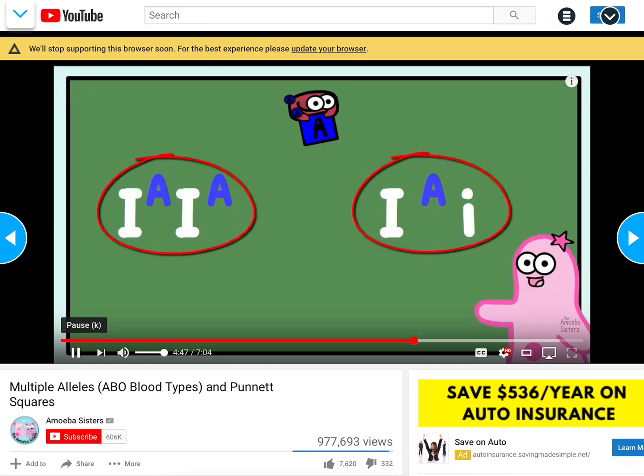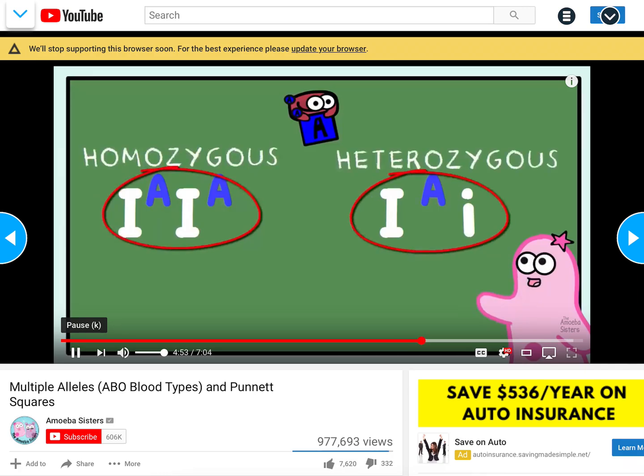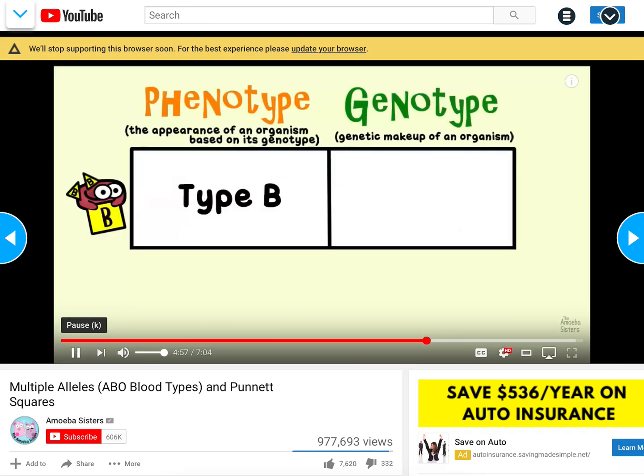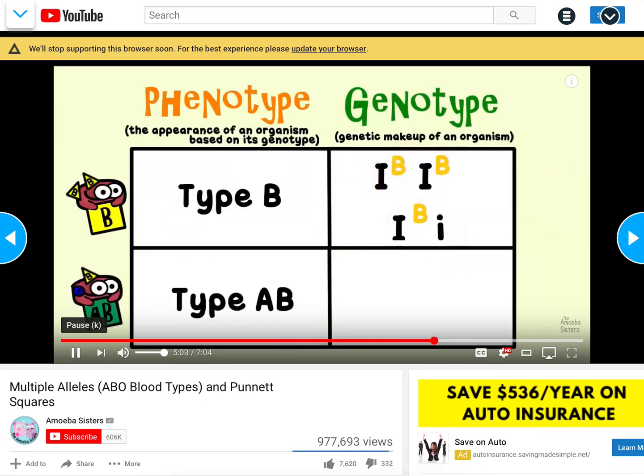Without testing, we don't really know which one it is. You can consider this one to be homozygous and this one to be heterozygous. The phenotype of type B blood is B, but the genotype is written as this or this. The phenotype of type AB blood is AB, and the genotype is written this way. There's no other way to write that one.